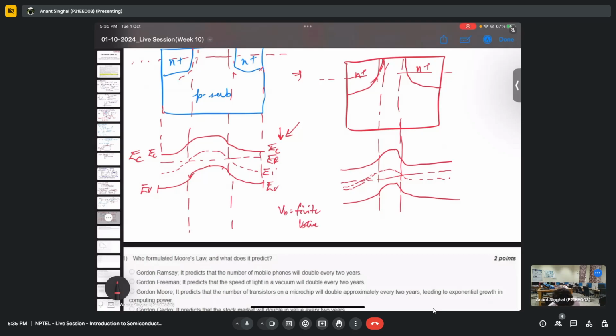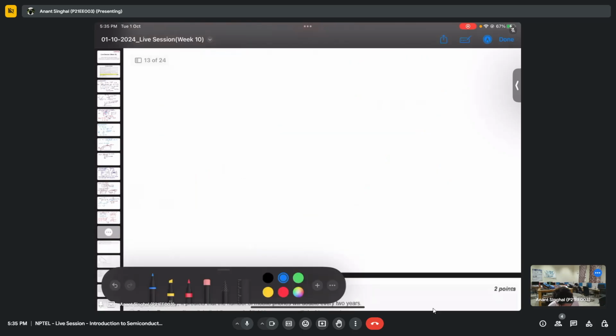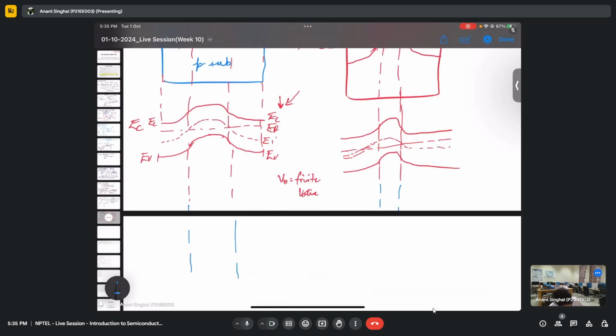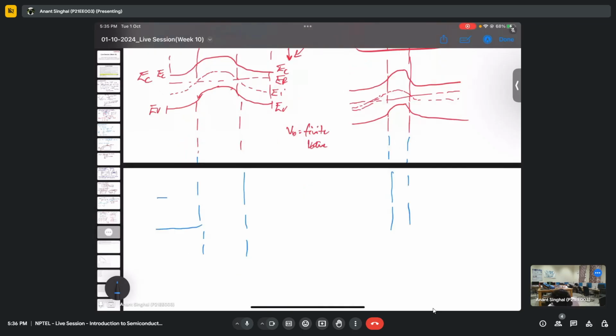Sorry. So let me try to make it here because I don't have space. So basically, what I can make is something like this. I have some flat region. Again, pardon my drawing. And what will happen? We have a certain decrease.